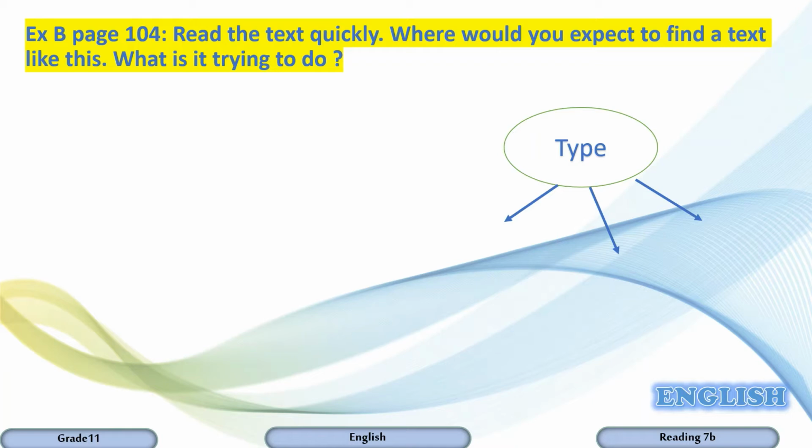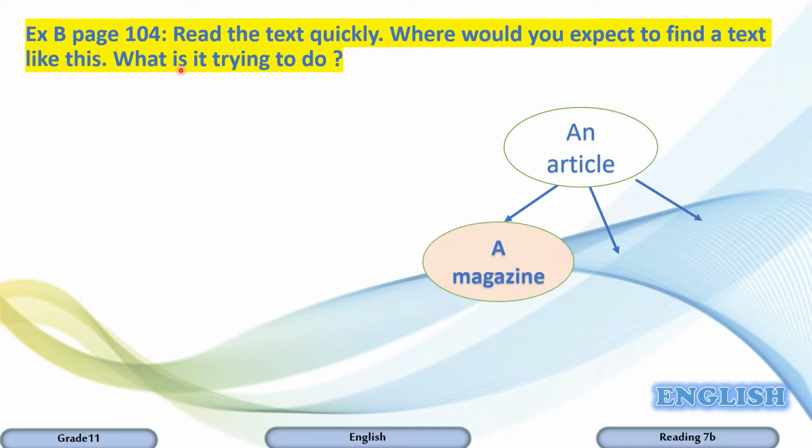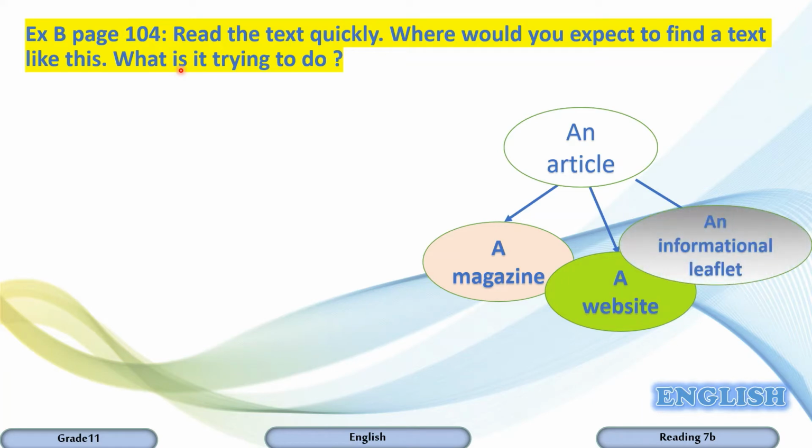All right, let's move on to activity B. Read the text quickly. Where would you find a text like this? What is it trying to do? So what is the type of the text? The text is an article, and it can be found in a magazine, a website, or an informational leaflet. What is the purpose of the text?